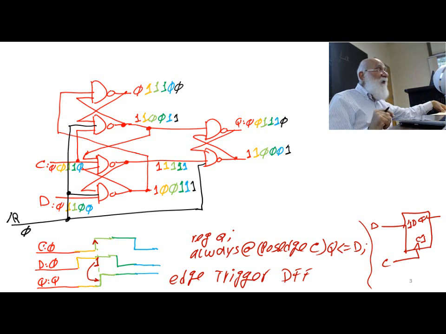I'm claiming that these values, at least the output values, are stable. So what I'm going to do now is change my reset back to 1.